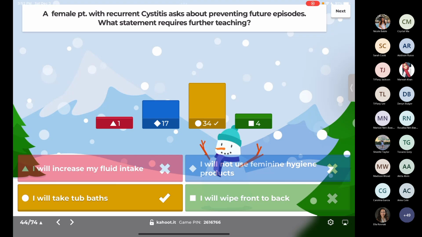Remember, cystitis is inflammation of the bladder, and it's usually from a UTI that progresses upward. So tub baths are not a good idea. Additionally, we do want our patients to not use feminine hygiene products. So by my patient saying, I will not use feminine hygiene products, that is good.